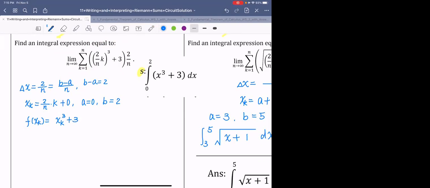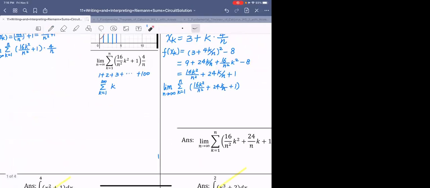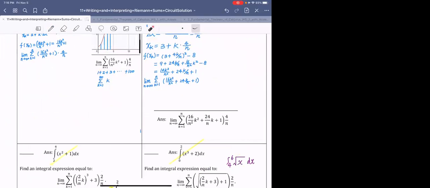So the integral has lower bound 0, upper bound 2, and your function is x cubed plus 3 dx. So doing both directions, we have to do it very well. I think you have already mastered this. Very good.